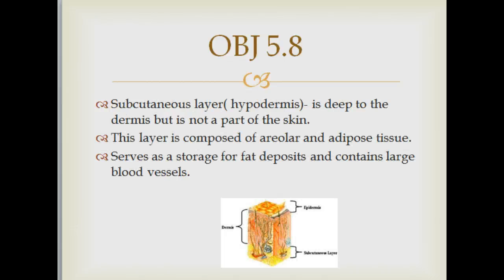And what you'll find usually here is areolar and adipose tissue. Adipose is a nice way of saying fat. So it's fat deposits, and of course we're going to have large blood vessels because this is below the dermis layer. It's not a part of the skin, but it's below the dermis layer. And we know the dermis layer has nerves, and it's also going to have blood vessels.